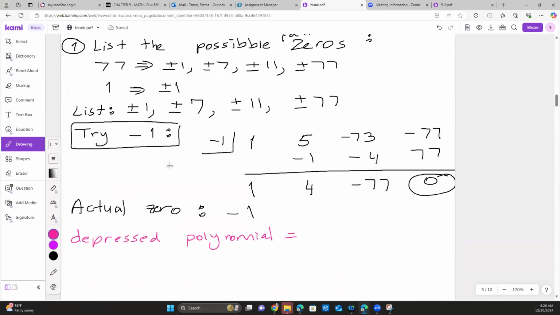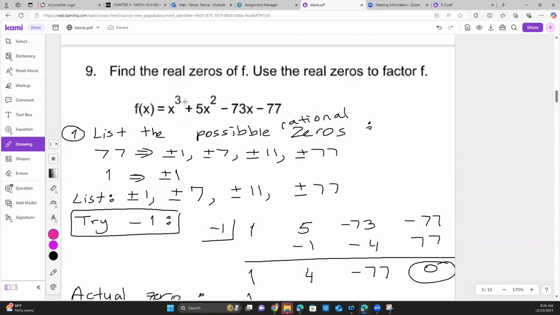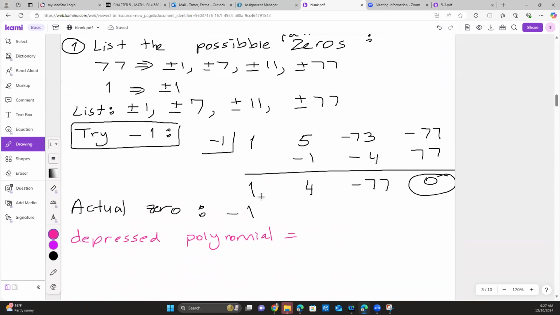And we are only able to find the first one, but we still need to find 2 more zeros for this function. So we're not going to use the original function anymore. We're going to use what we reduced it to. We reduce it to 1x squared, because remember, the answer always starts 1 degree lower, plus 4x minus 77. This is called a depressed polynomial.